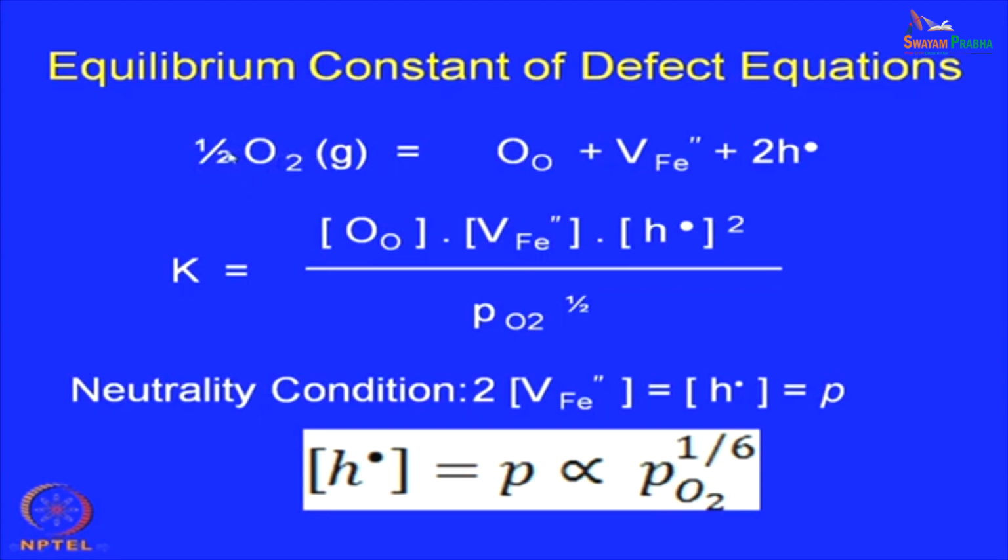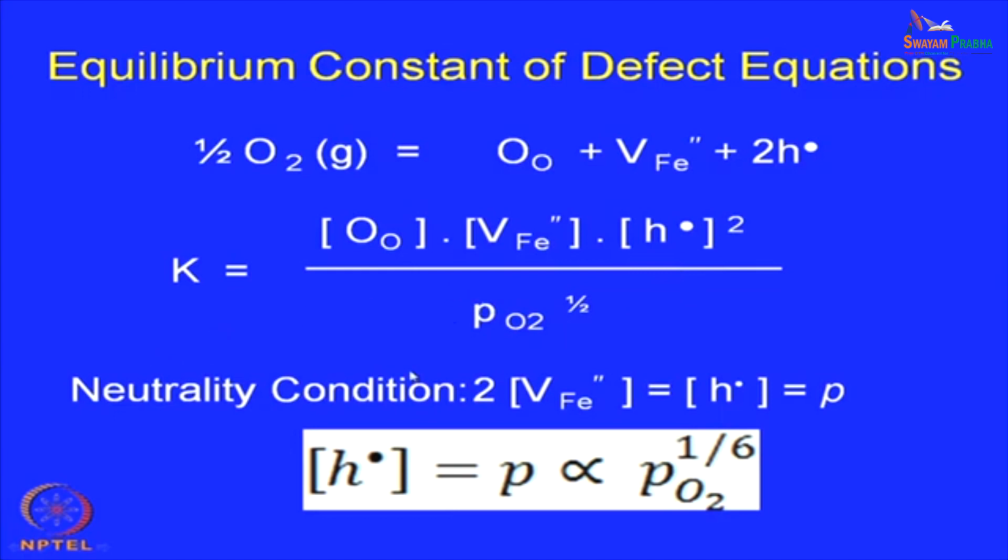Half of that, this coefficient is half. So, concentration here can be converted to partial pressure because it is in the gas form. So, PO2 to the power 1 half. Okay. So, the equilibrium constant is the product of the concentrations of the products to the reactants, right.